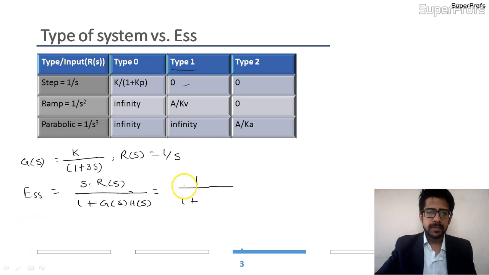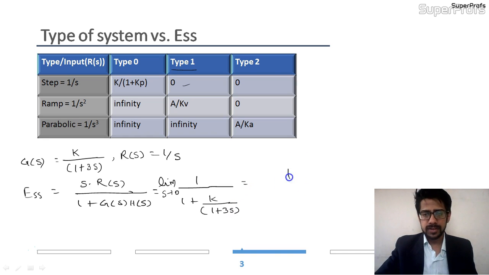So I will have (1 + k) upon (1 + 3s). Now, as I can see, putting s equal to 0 in this particular function, without any doubt I can put s equal to 0.